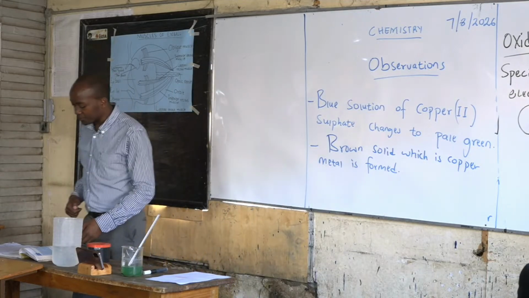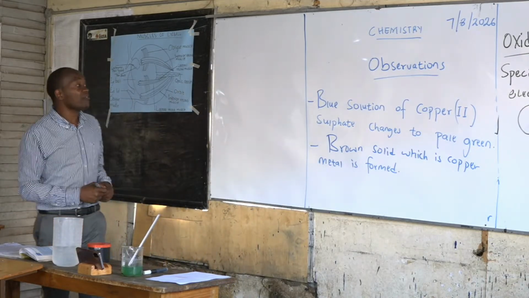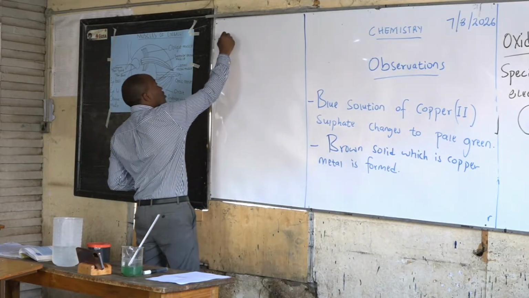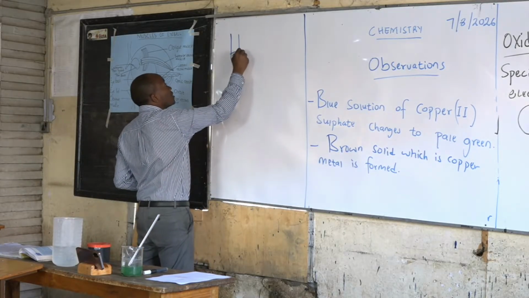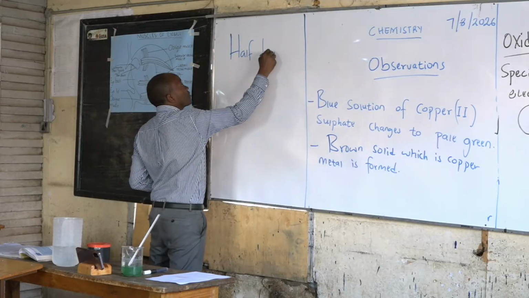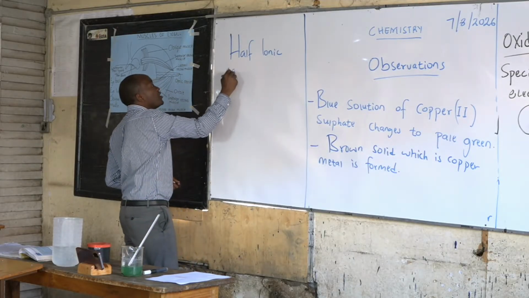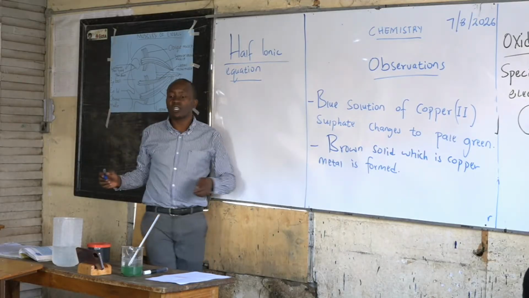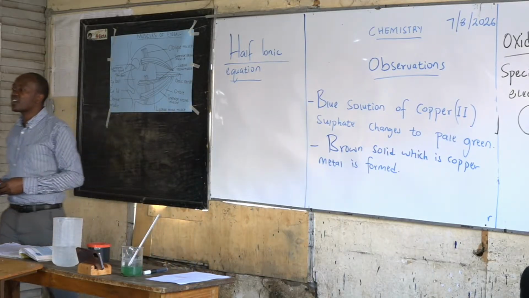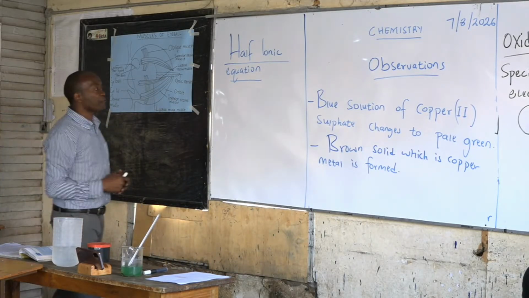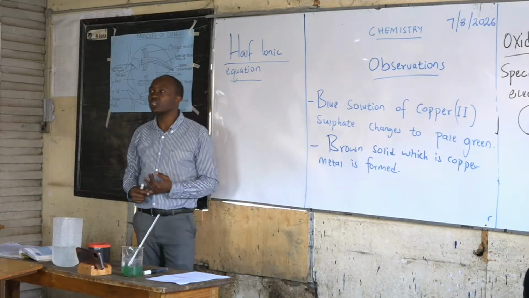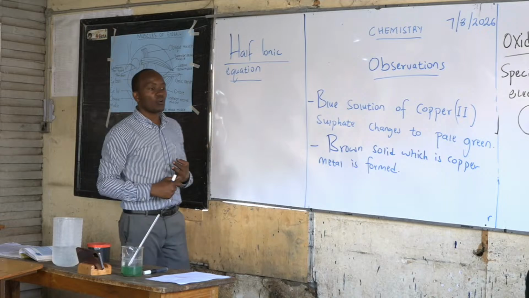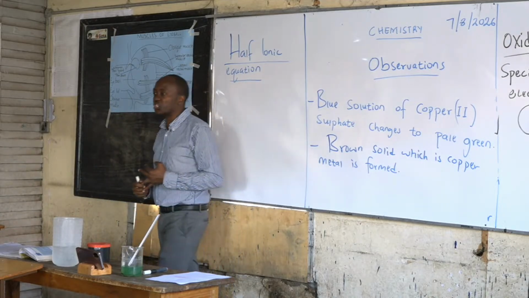So that is it. Now we can have a half ionic equation for each: the formation of copper metal and also the formation of iron 2 ions in the solution.